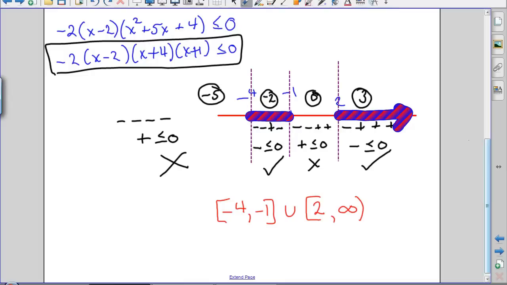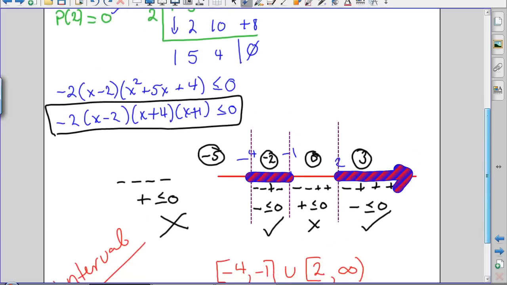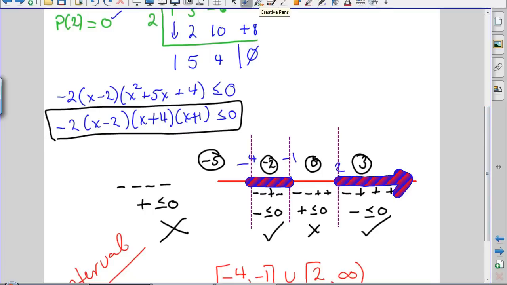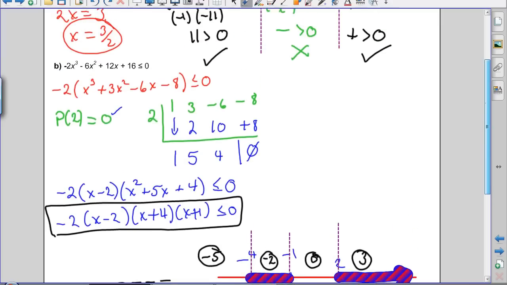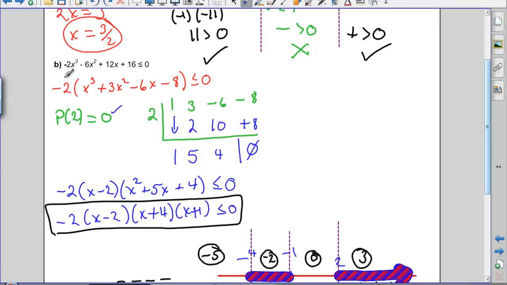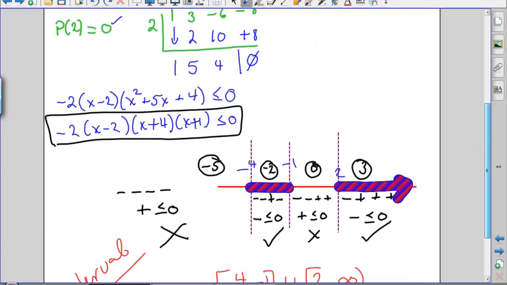Now this interval method, the technique that we're using, works for any case of polynomials that can be factored. But you could also use a graphical approach. And what you can do with this is you can look back up at the original polynomial. This is a cubic equation with a leading coefficient that is negative. So once I have the x-intercepts, I can actually sketch this out.